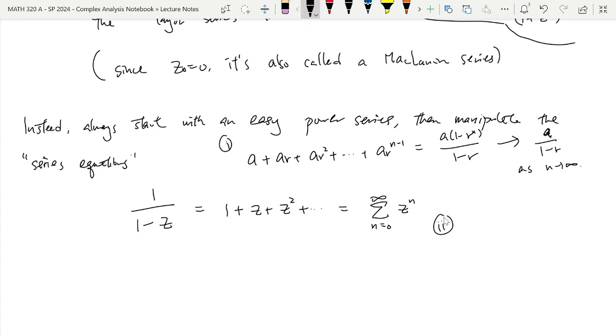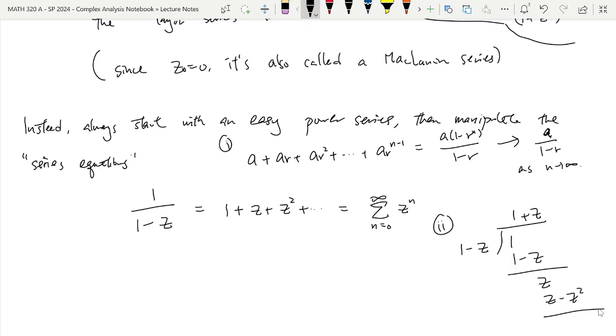The next method, which is also what we use for other series, is to do a long division and pretend z tells you the place value. So you have this 1 over 1 minus z, and you get 1 here. Then this will be plus z, and then you have z minus z squared, and then do subtraction.